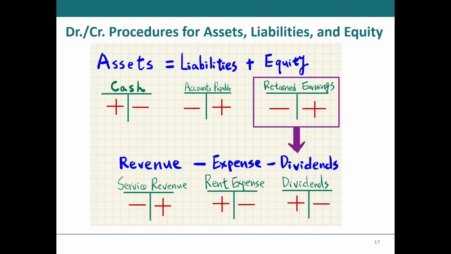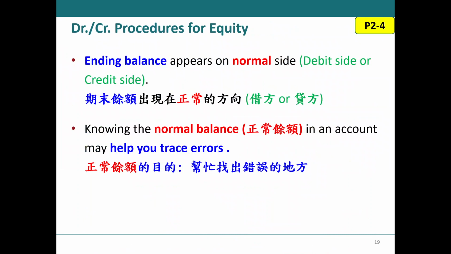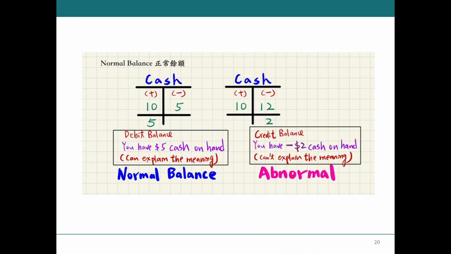Debit, credit. Also, we've mentioned when we have the final number on the debit side, we call it debit balance. So what does it mean, debit balance? 借方余额 means you will find out the final number on the debit side, your left.